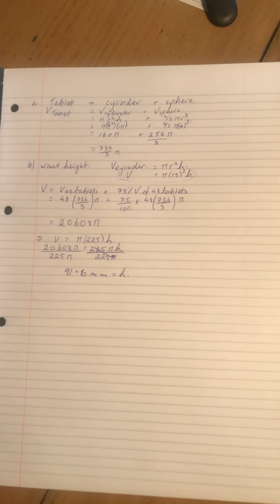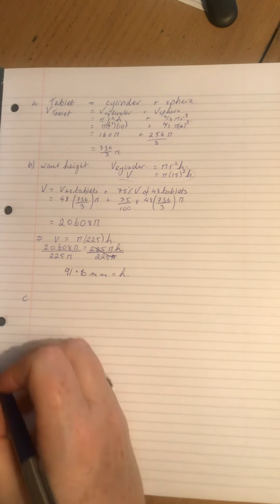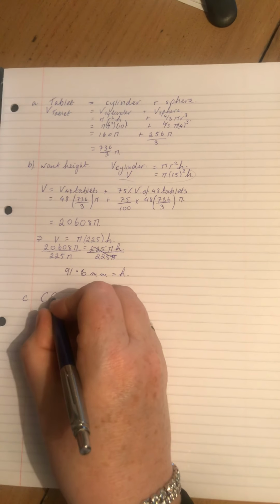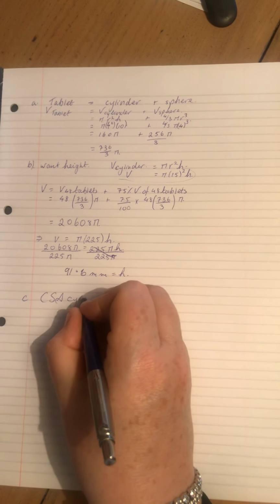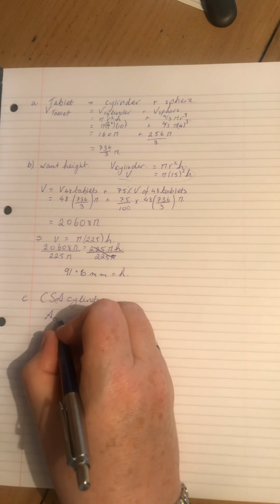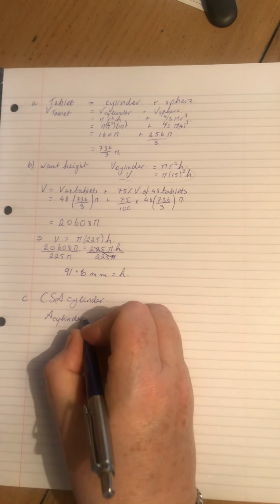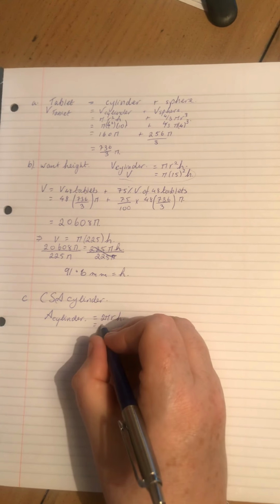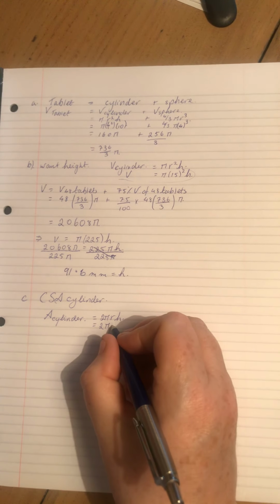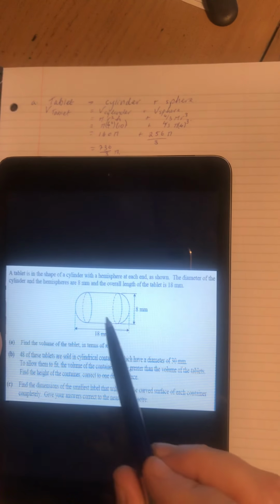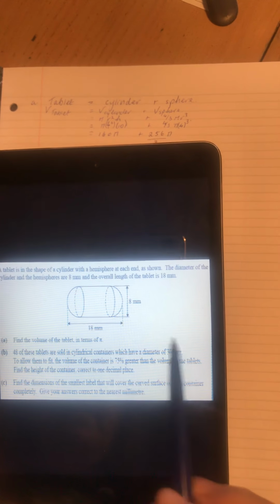And then part C asks us for a label that will cover the curved surface of the cylinder. So that's the curved surface area of a cylinder. Okay, and in your tables book, that's the area of a cylinder. And your formula there is 2 pi r h. So it's 2 times pi. Our radius, now remember this cylinder here, it's not this, it's the one that they're all going into.